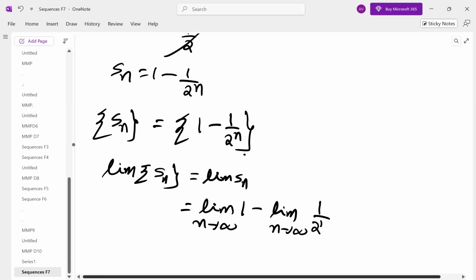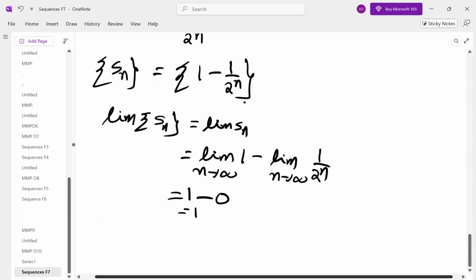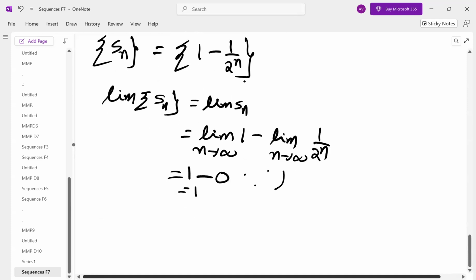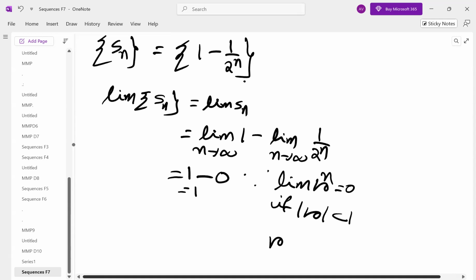This is 1, this is 0, because limit R power n is 0 if mod R is less than 1. Here R is 1 by 2, it is less than 1.